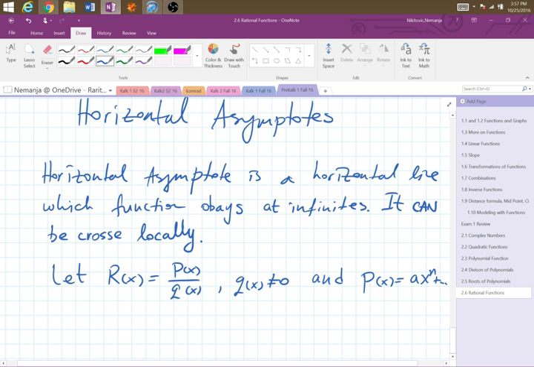I really don't care for anything else, I just want the leading term. And q of x is equal to b x to the m plus dot dot dot. So that's the leading term. They don't have to have the same coefficients, and they definitely don't have to have the same powers. Actually, let me put m on the top one and n on the bottom one, so it's better. The alphabet works that way.